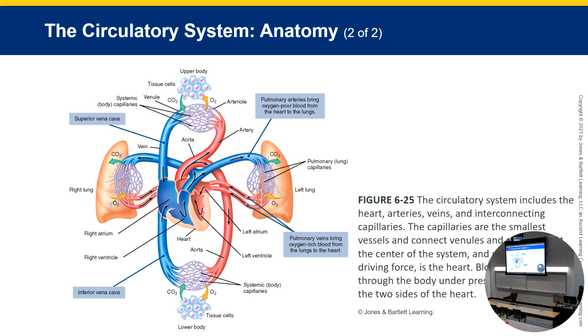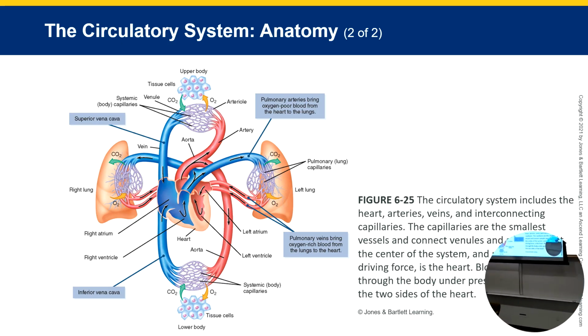There it is. Usually I'd have different color markers so I can represent the different types of blood.